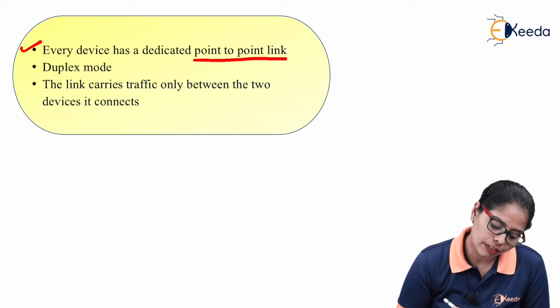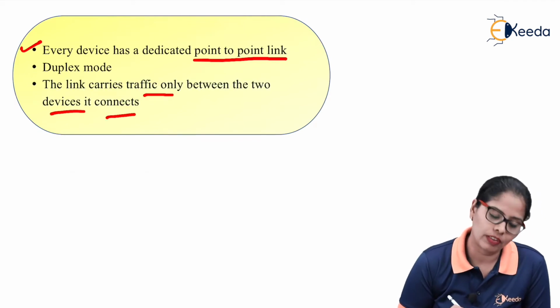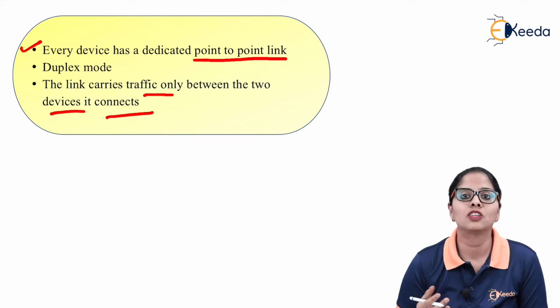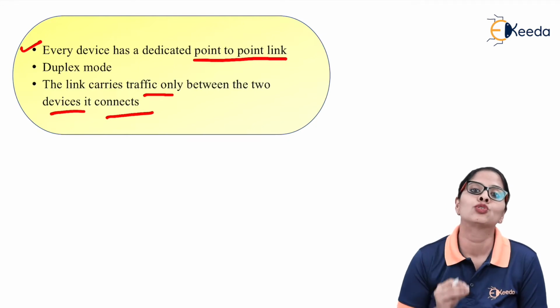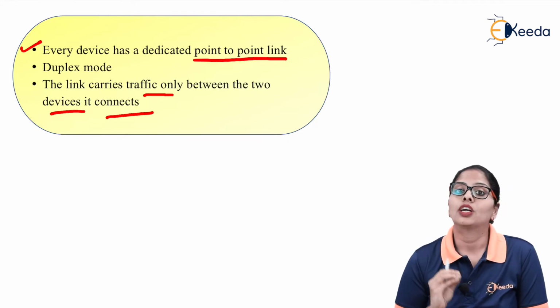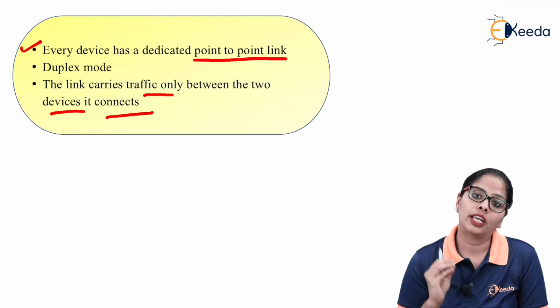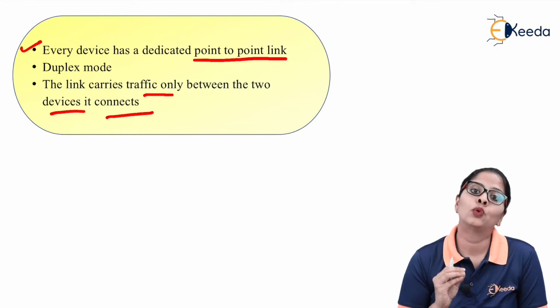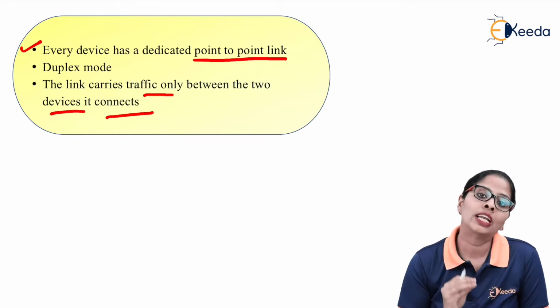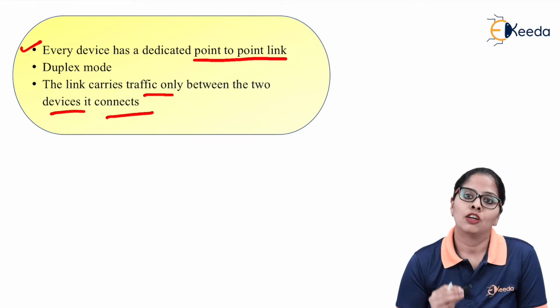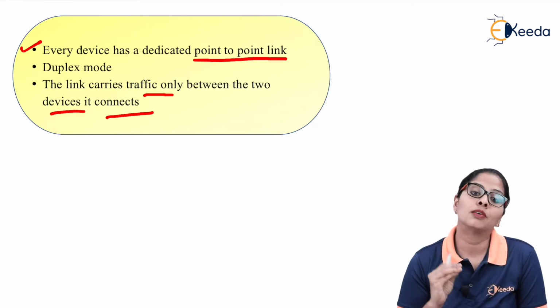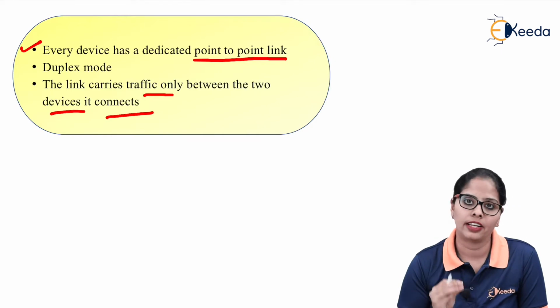The link carries the traffic only between the two devices. As you know, a dedicated link means it is between only those two computers. It is not a shared resource. So whatever traffic is related to those two PCs, it will be carried on that link. Because of that, we said it is a point to point dedicated link.